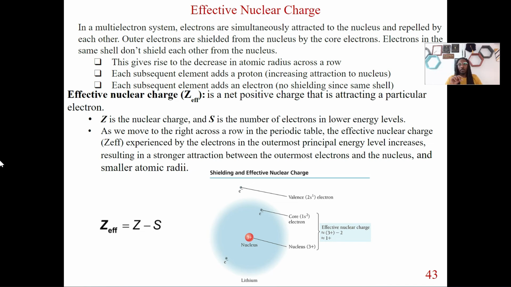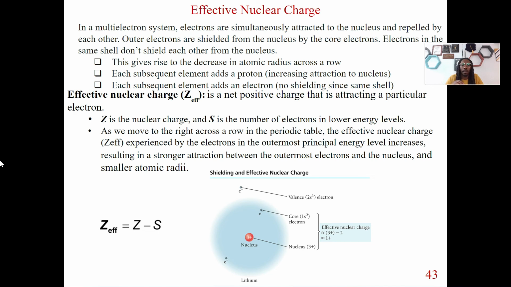As we mentioned before, when we're talking about effective nuclear charge, if we move to the right across that row in our periodic table, the effective nuclear charge experienced by the electrons in the outermost shell will increase.